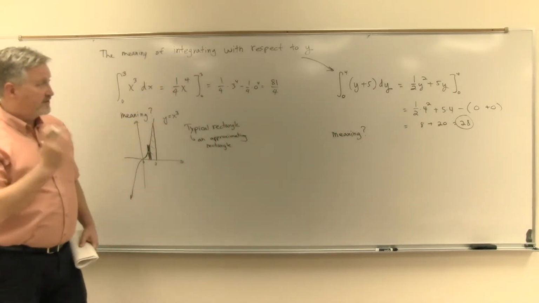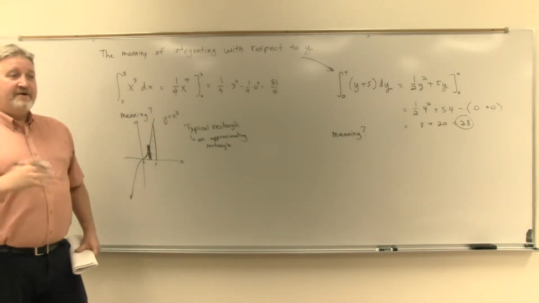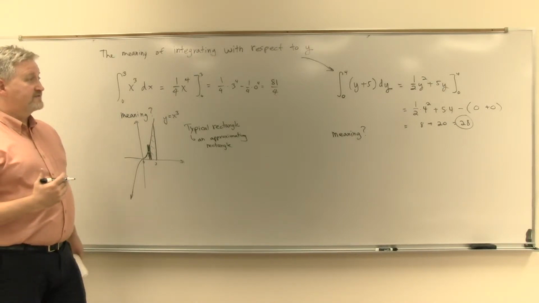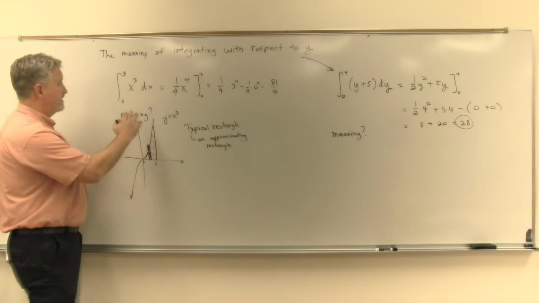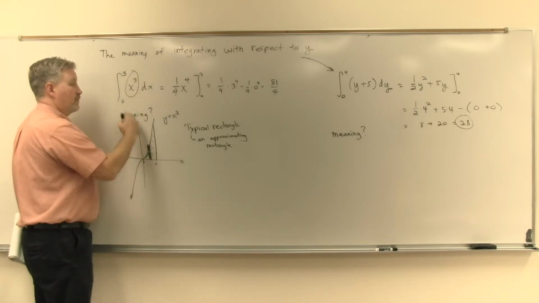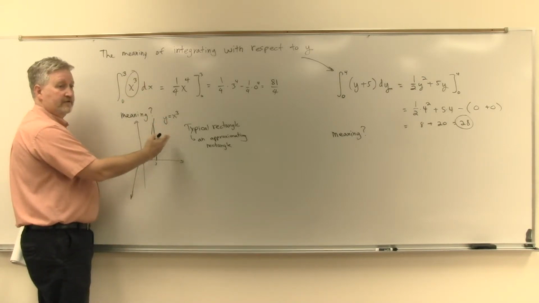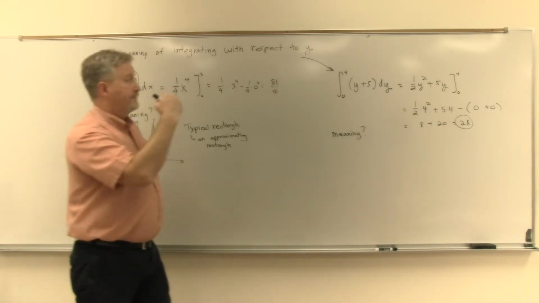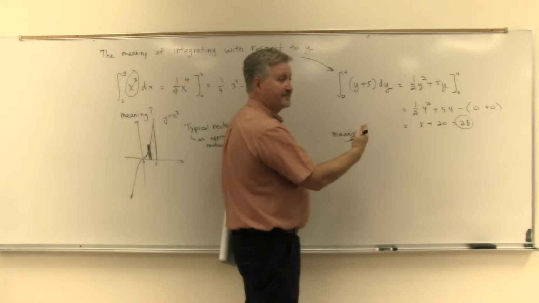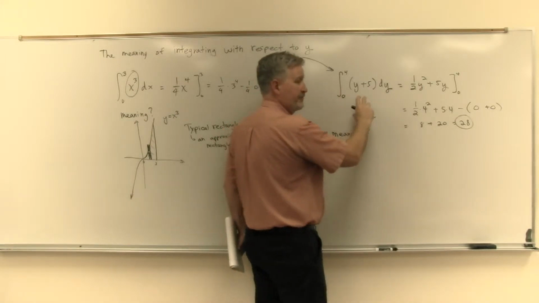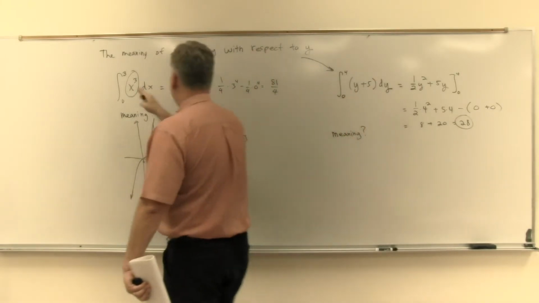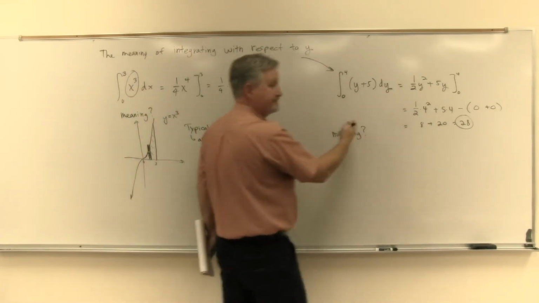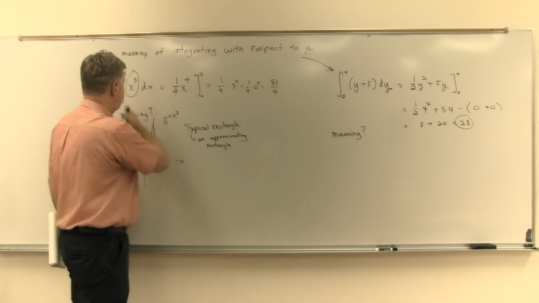Well, if I'm integrating with respect to y, of course, what I've done is I've changed several things around. First of all, over here I graphed the y equals x cubed graph, right? What's the equation over here? Well, no longer do I have a function of x, I've got a function of y. So this was a function in terms of x.